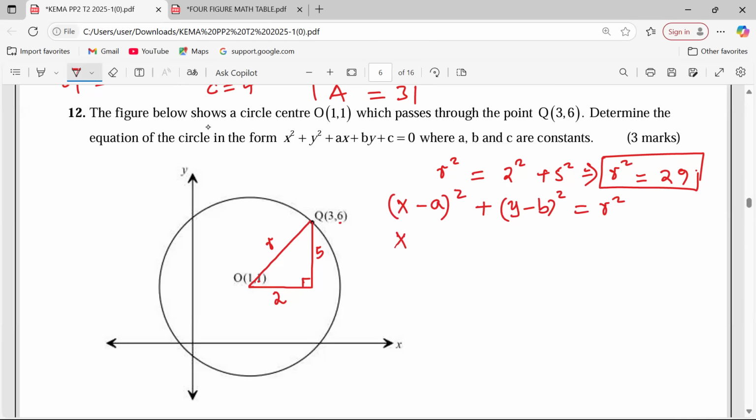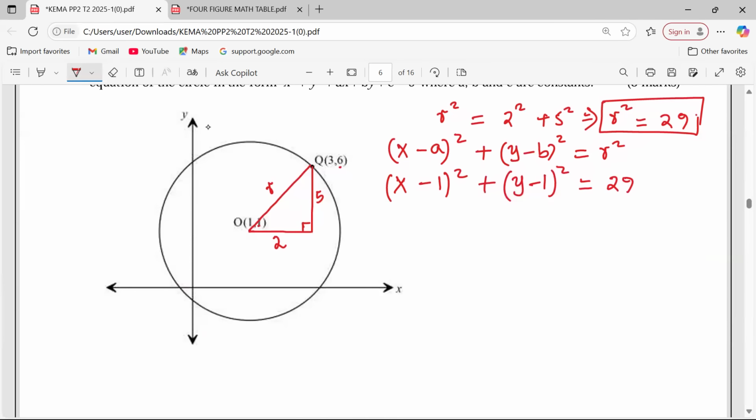So x minus 1, according to the center, squared, plus y minus 1, squared, is supposed to give us radius squared, and radius squared is 29. Instead of taking square root and squaring again, I've remained with R squared.